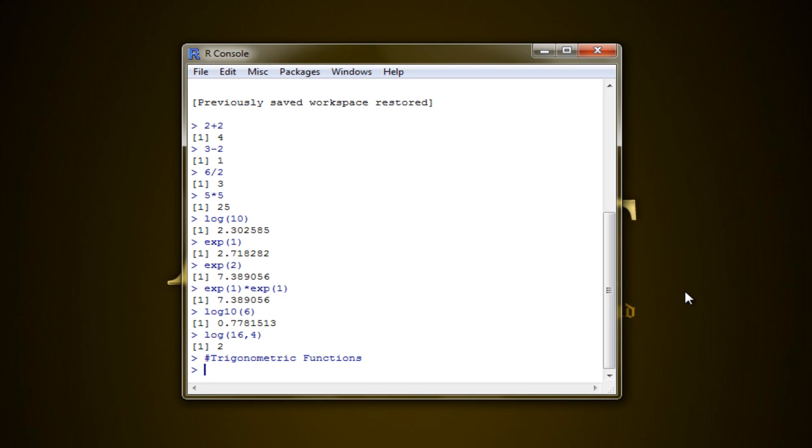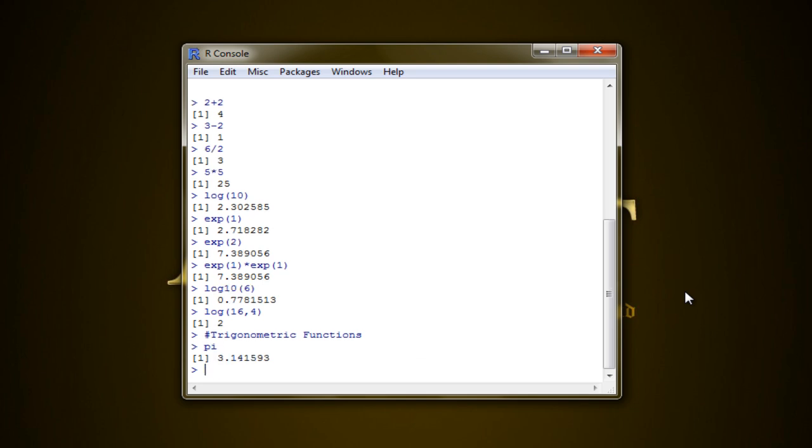Now, the most popular constant in trigonometric functions is pi. That's the value of pi. Most of the functions used are cosine, sine, hyperbolic tangent, inverse, and many more, which are very useful in calculus. So let's try some basic computation.